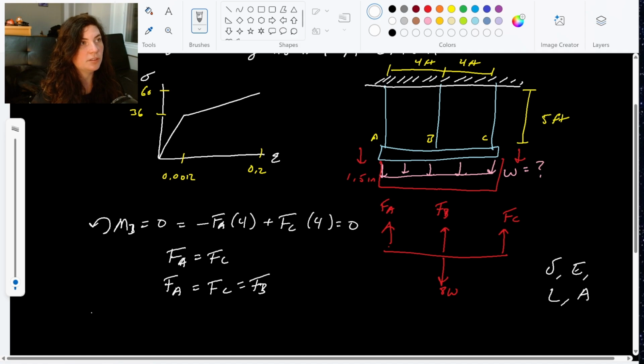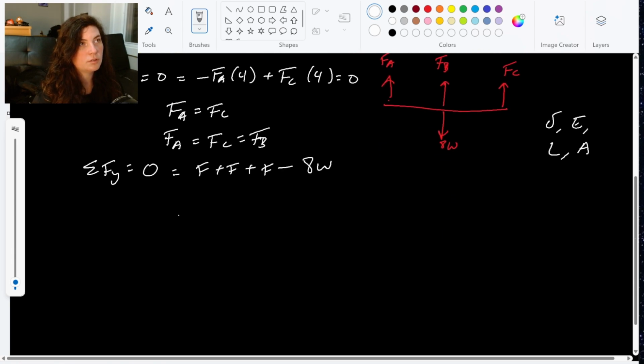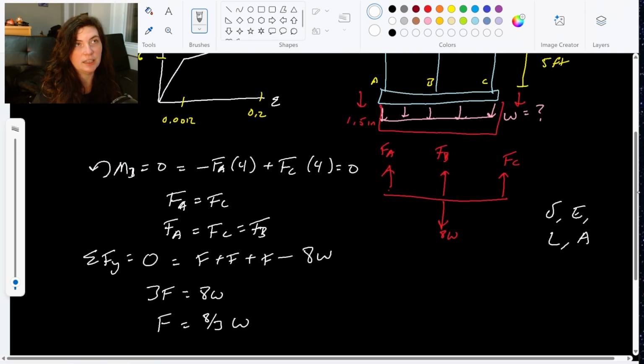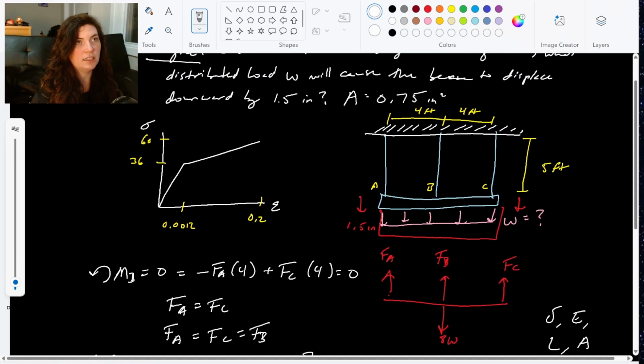So that means that we can simplify this when we do our statics equation, sum of Fy. Really what I have is a force plus a force plus a force minus 8W. So what I get here is 3F equals 8W, or F equals 8/3 W. Right, so now what this has done is this has really simplified this statically indeterminate problem that I have here.